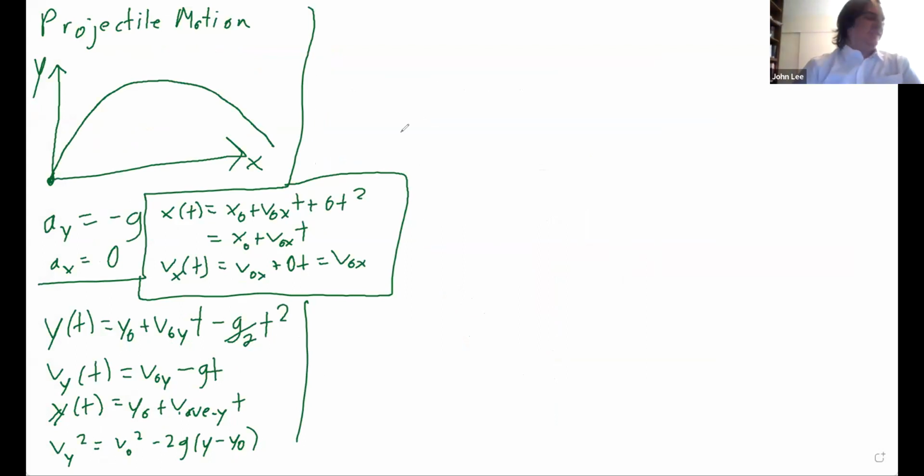I'll just go through a single problem to try to get you used to it. So for that problem, let's say that you have a velocity v naught. You're a tennis player and you're hitting with a velocity v naught at some angle above the x-axis.